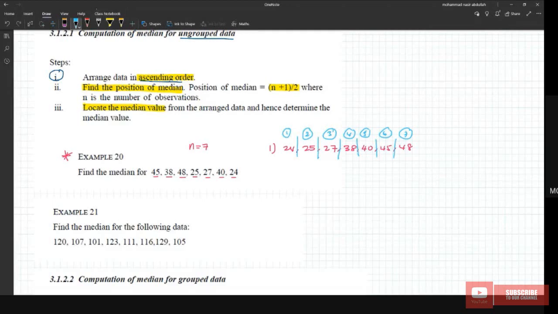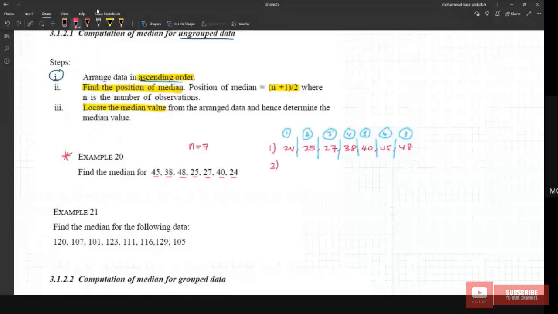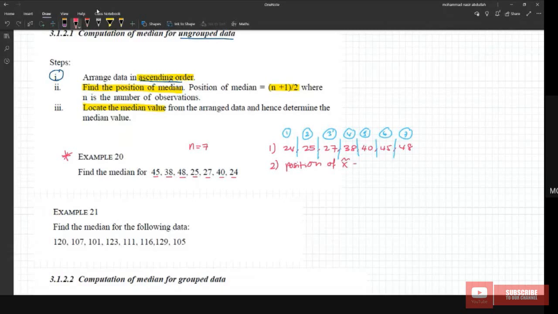Next, the second step is we need to find the position of the median. The position of the median is not the median; we just want to find the position of the median. So (n plus 1) divided by 2. We have n equal to 7, so 7 observations, plus 1 is equal to 8, divided by 2. So it becomes 4.